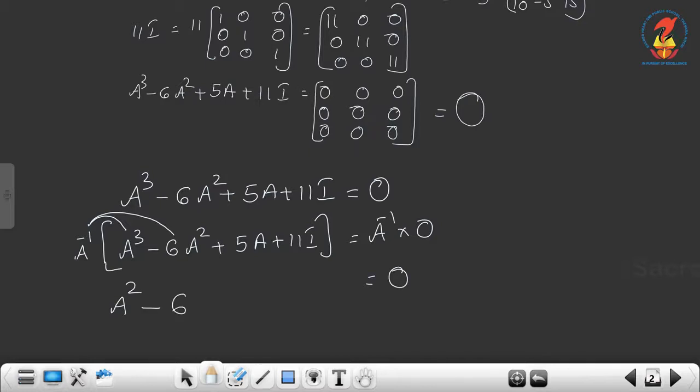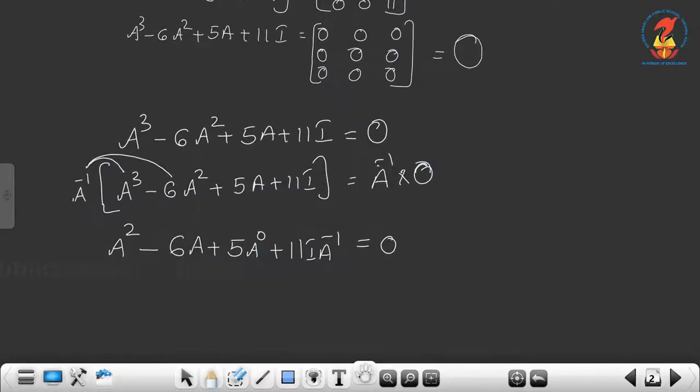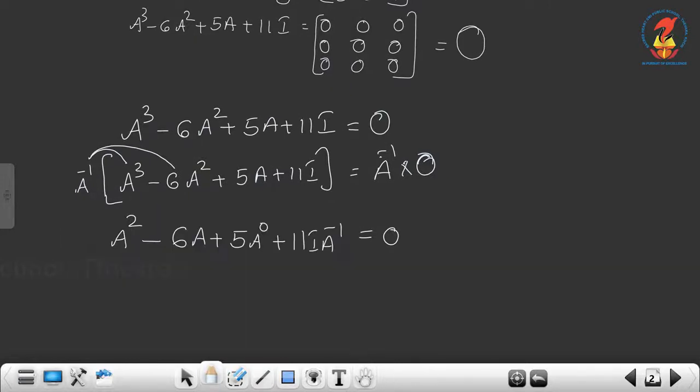So A square minus 6 into A inverse into A square becomes A, then 5 A into A inverse, so A raised to 0. Next is 11 into I into A inverse. Right hand side is 0. Now A square minus 6A, here it is 5 itself.